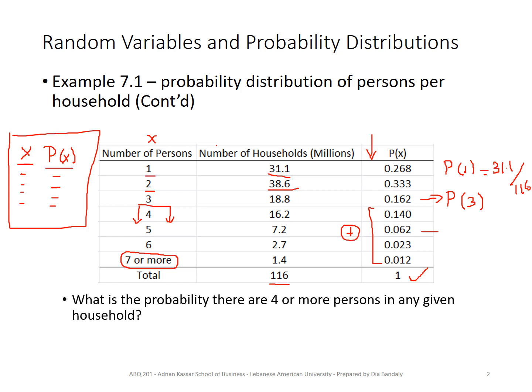So the probability of 4 or more will be equal to 0.14 plus 0.062 plus 0.023 plus 0.012, and the answer will be 0.237. You can do the calculation yourself. I'm going to write it down here for you. 0.237. All right, let's move on.